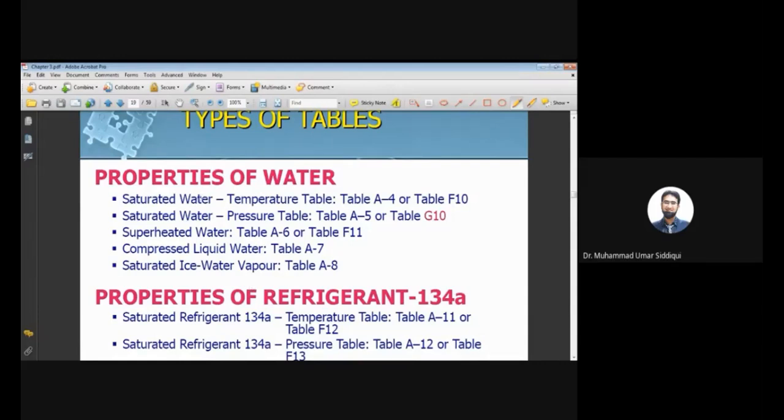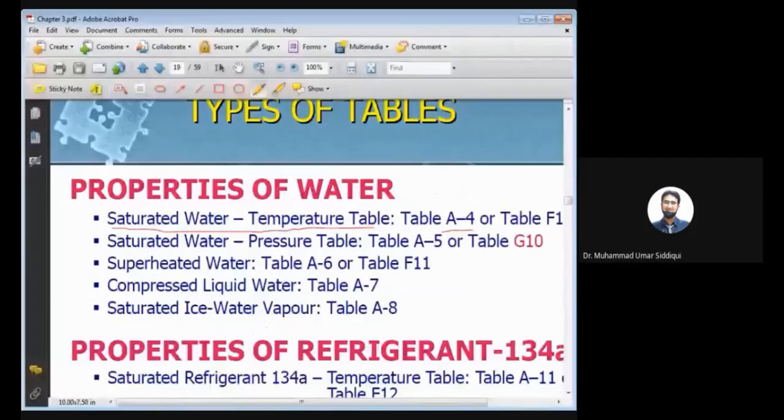You saw the example before, and that was about the saturated water temperature table, which is table A4. Right now, let me start sharing the other file. Let me stop sharing this one.